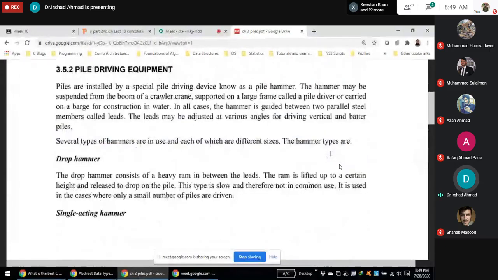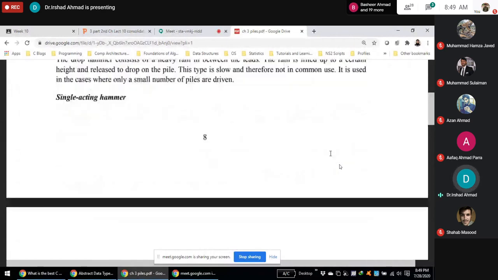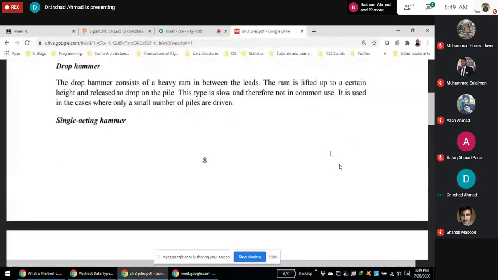Pile driving equipment, how we drive a pile into the soil using different equipment. The simplest one is called drop hammer. Drop hammer is the simplest one.